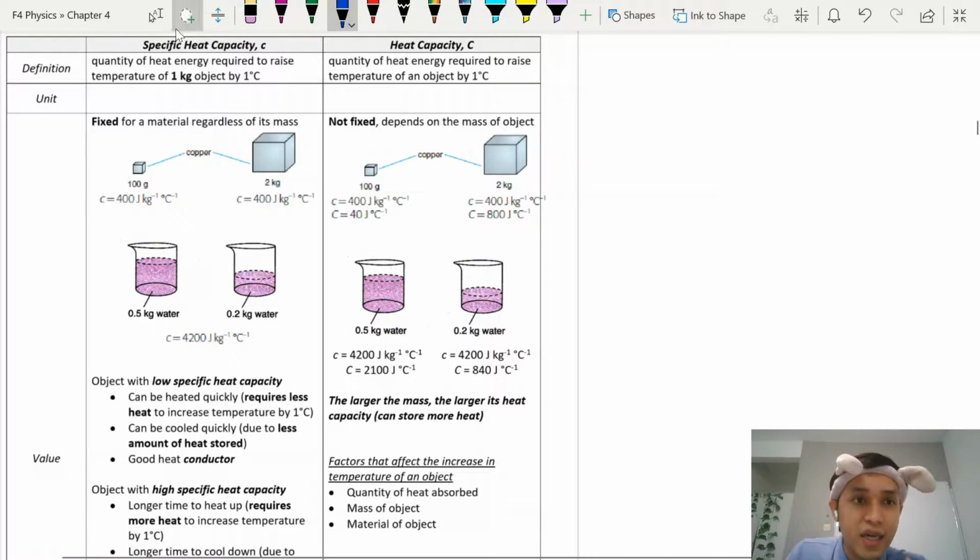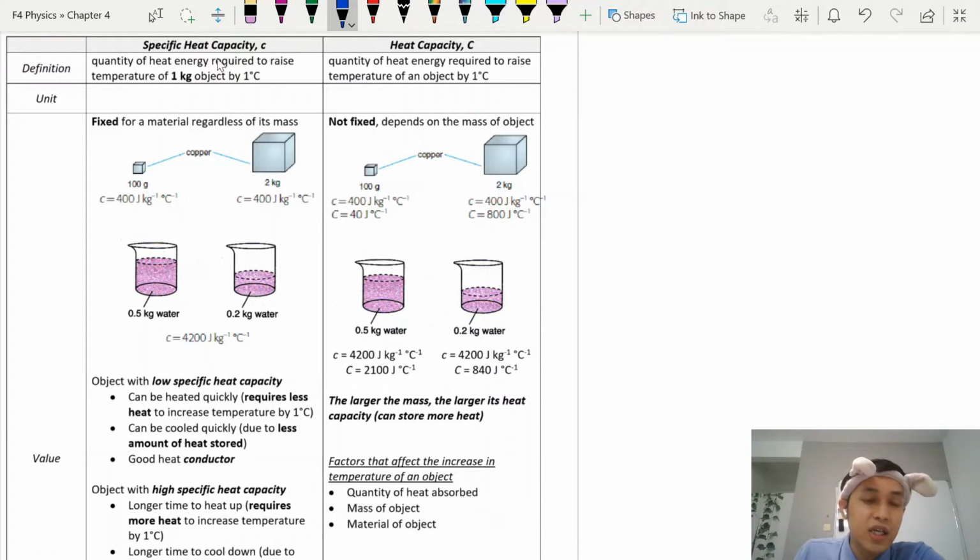So if you look at the definition for specific heat capacity, I'm going to go with this one first. The symbol is small c. The definition is basically telling me, if I want to increase the temperature of copper by 1 degree Celsius, how much heat energy do I need to give them?